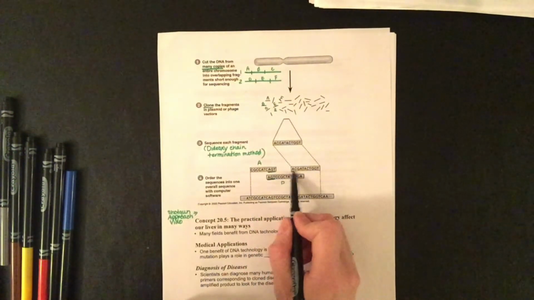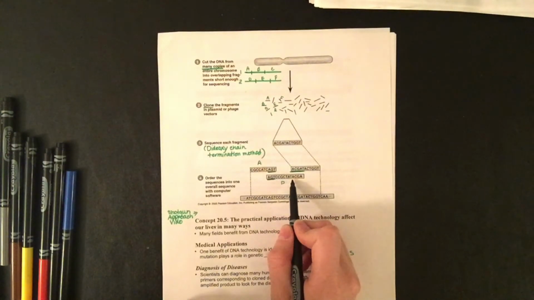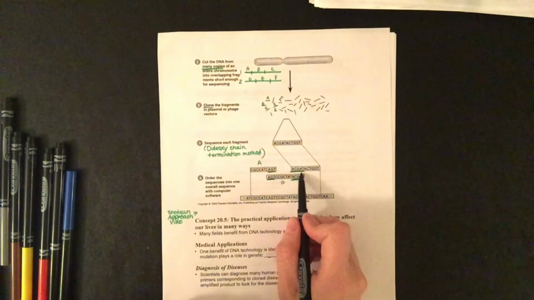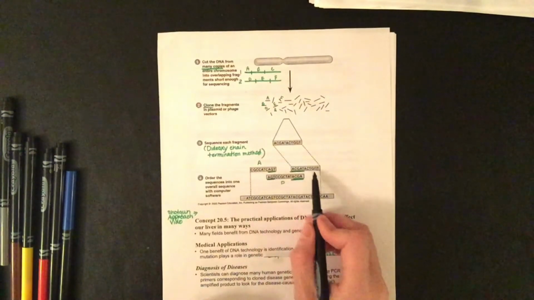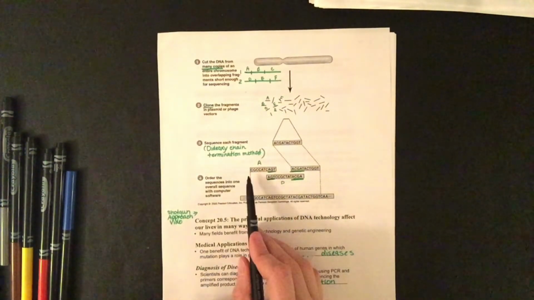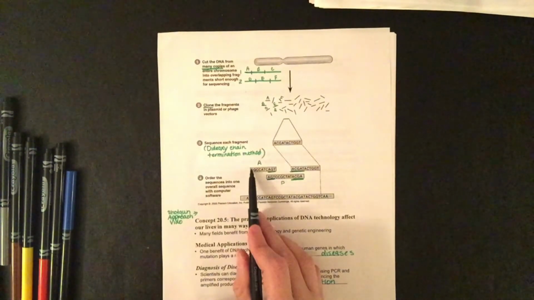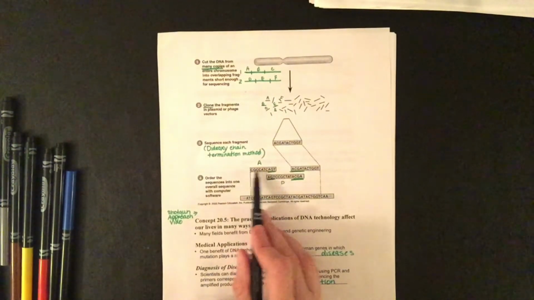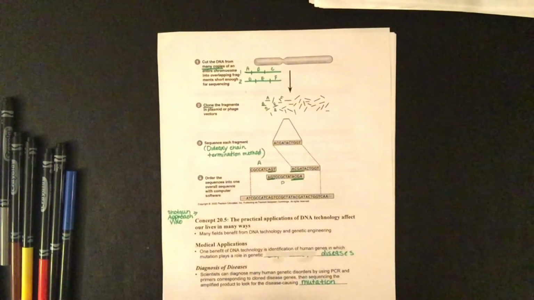And then this one has an overlap here and an overlap here, so they go together. So therefore, by doing the overlapping here, we can figure out the whole order of the nucleotides from the beginning of this short sequence to the end of this short sequence because of the way that they overlap.